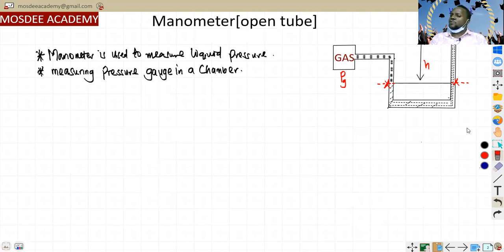Now, from what we have studied, because this is open, there will be a pressure coming from here, which we call P atmospheric, which most of you love to call atmospheric pressure.